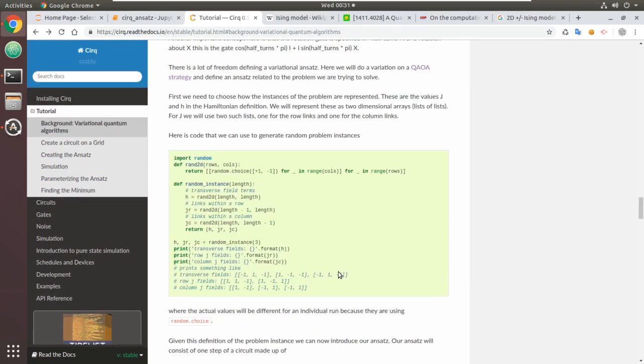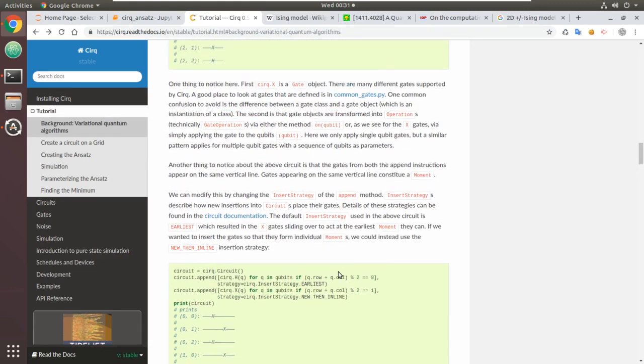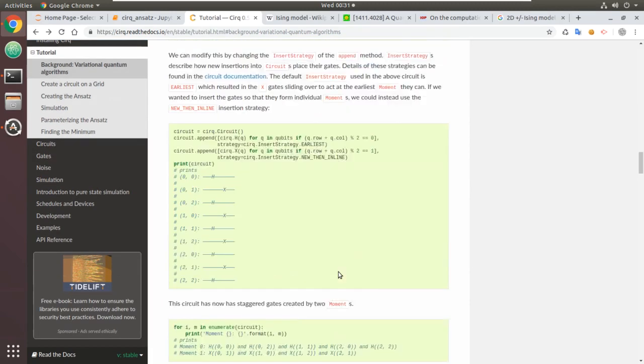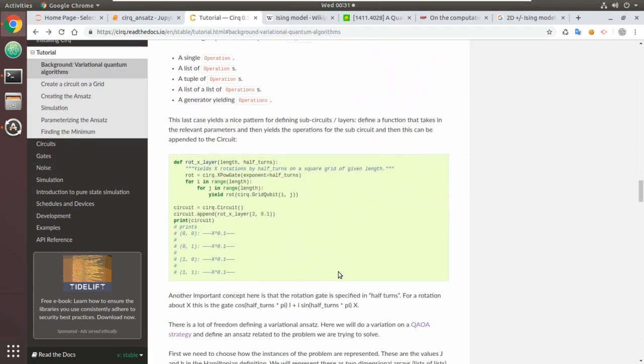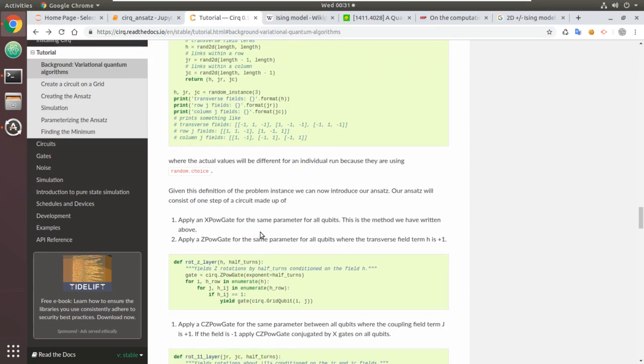Catching up, plus understanding the problem at all, the Ising model thing, and basically trying to understand how it is mapped to an instance of a problem, and then how we are going to translate that into an ansatz.